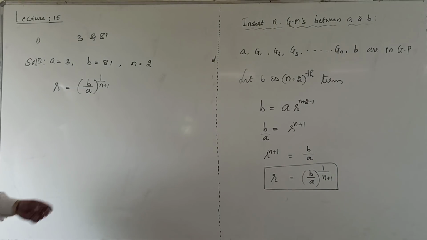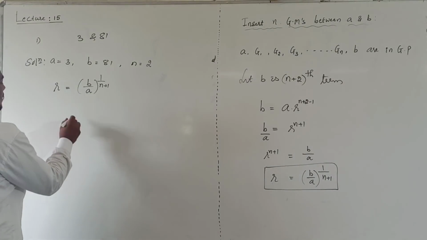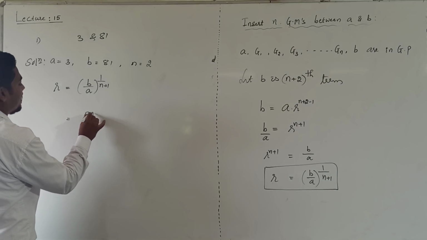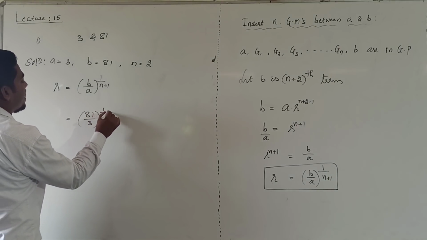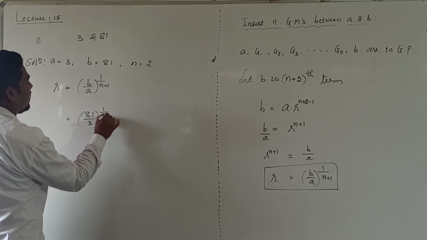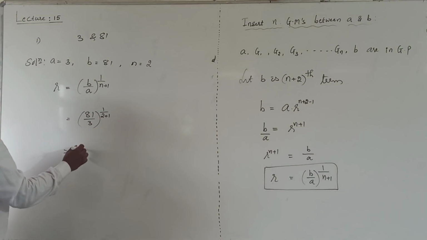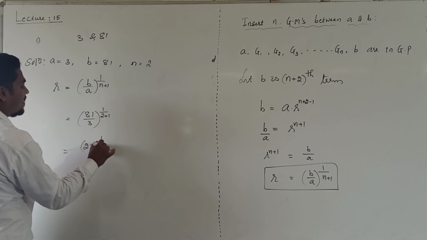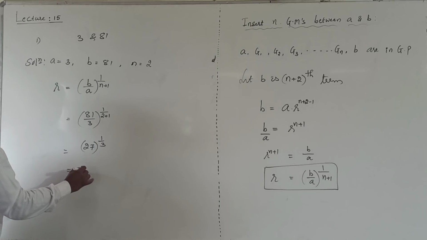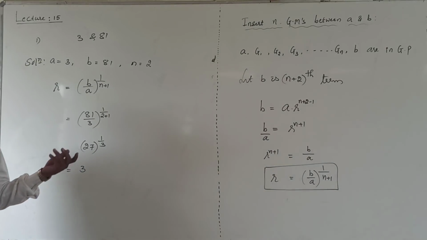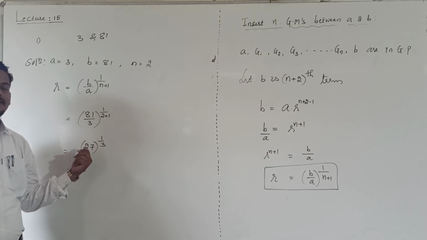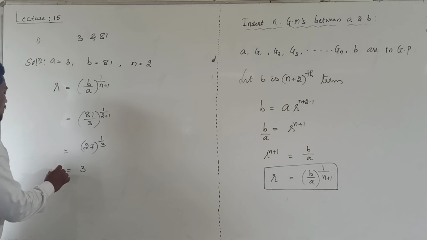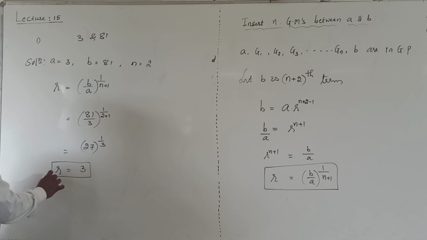That is 81 divided by 3 whole thing power 1 divided by 2 plus 1. Then 81 divided by 3 is nothing but 27 whole thing power 1 by 3. I will write 27 as 3 cube. 3 gets cancelled, remains with 3. Common ratio r is equal to 3.